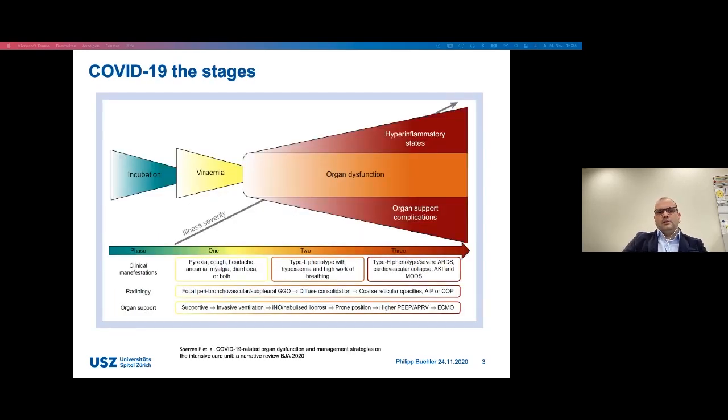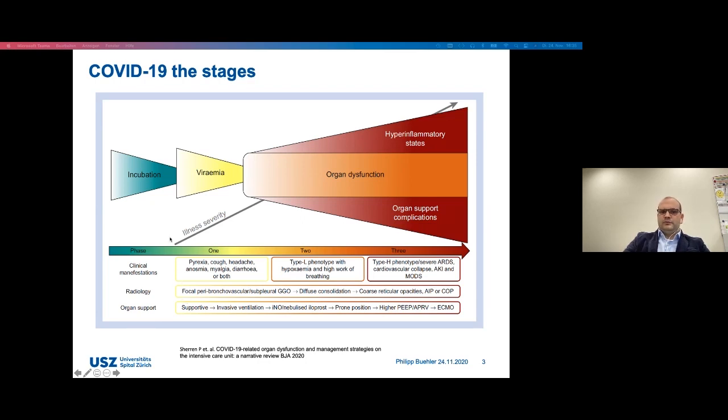First of all, for better understanding, I would like to mention this figure from Shear et al., published in BJA a few weeks ago in 2020. It shows the different stages of coronavirus disease.